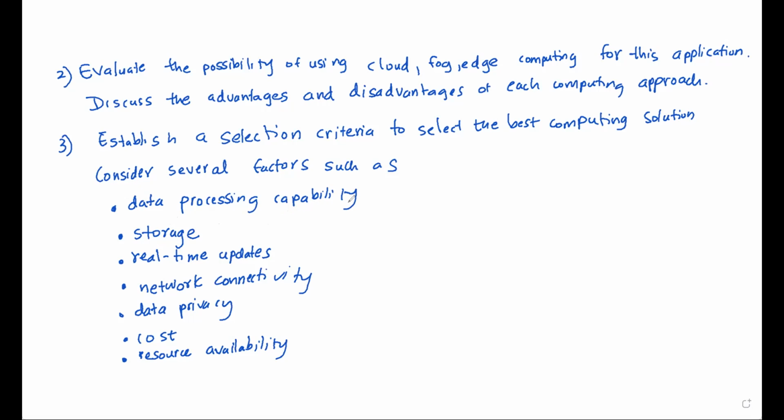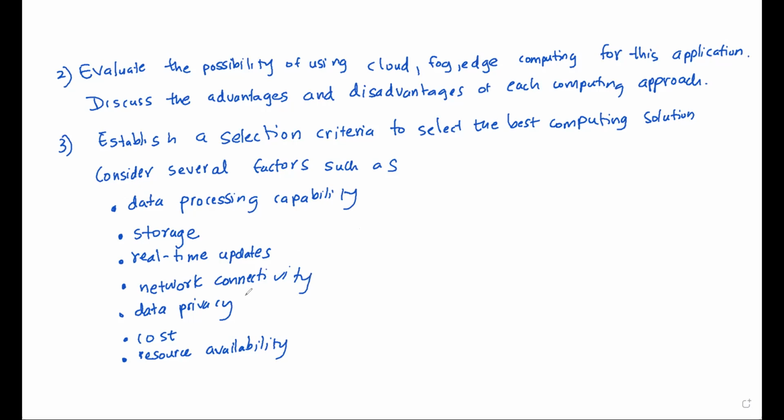So based on your application, you need to decide what is the data processing capability, what is the storage requirement, whether real-time updates are required or not, and what network connectivity you require, whether we require a massive amount of connectivity or only a small amount, that means only a small number of devices connected to your network.